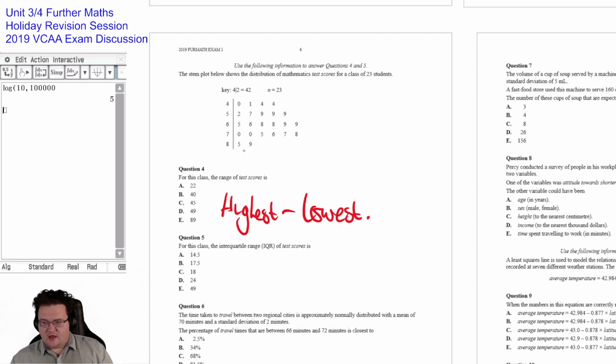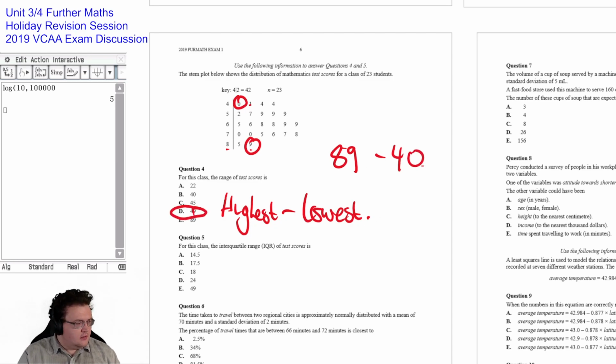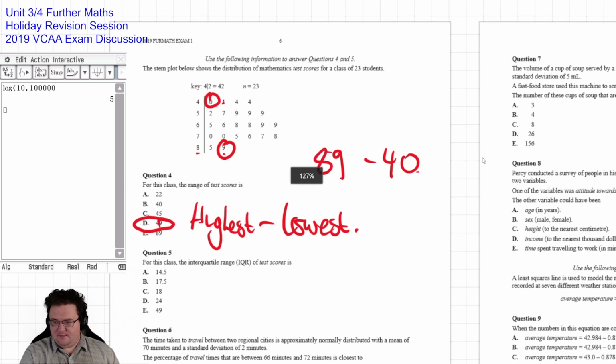In this case, that's my highest, that's my lowest. So what does that 9 mean? According to the key, it's 8|9, so that's 89. And that one there is 4|0, which is 40. So the answer is 49. 96% of people got that one right.